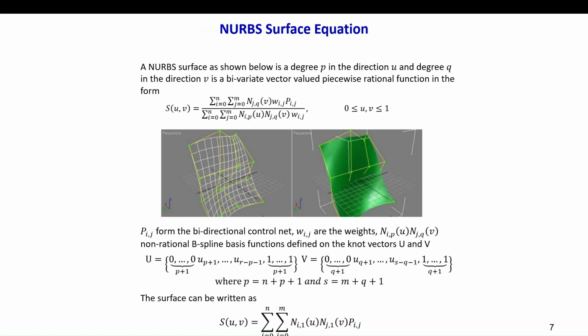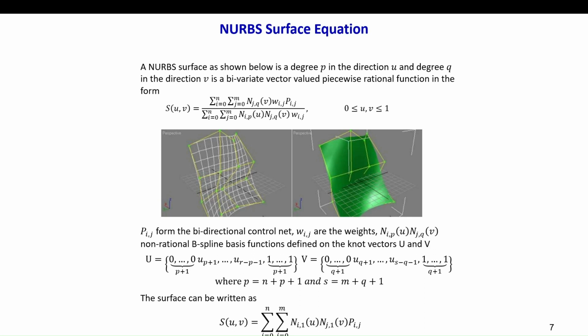Moving on to the NURB surface equation, a NURB surface is shown below as a degree P in the direction U and a degree Q in the direction V. This is a bivariate vector-valued piecewise rational function in the form of the equation below, where U and V are in the range of 0 to 1.